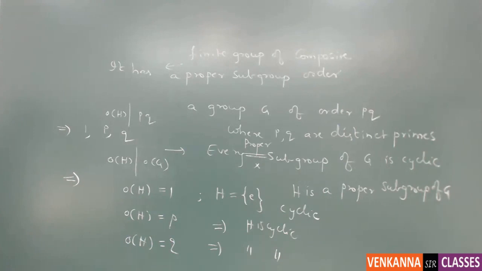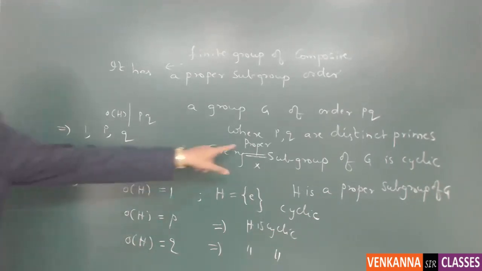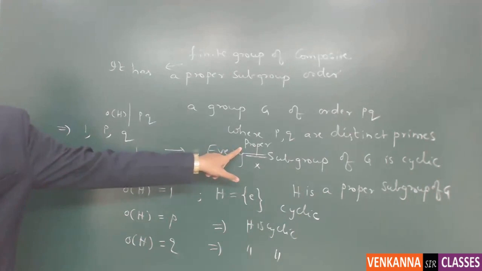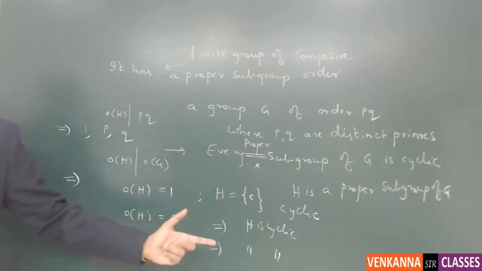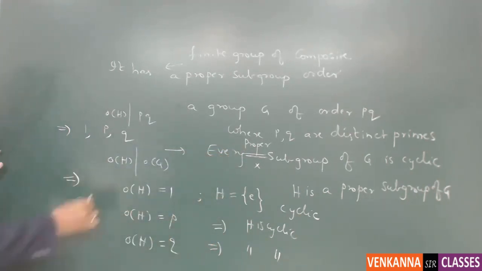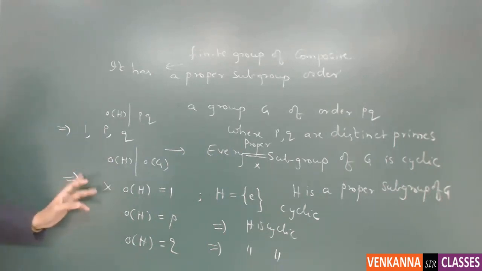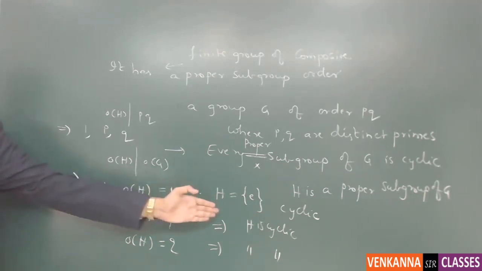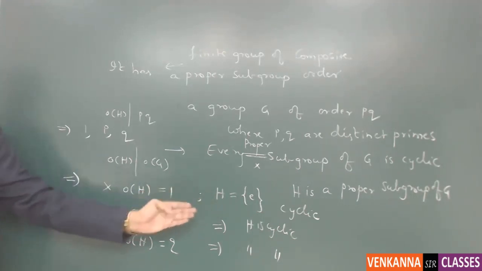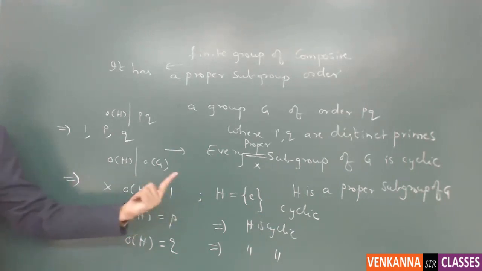So take a note of that. Because we have taken a proper subgroup, this case we won't consider. Even if you consider this case, it is also cyclic, because it contains only one element, the identity.